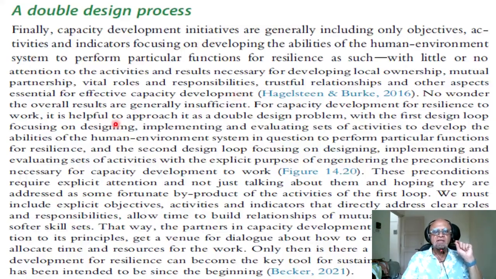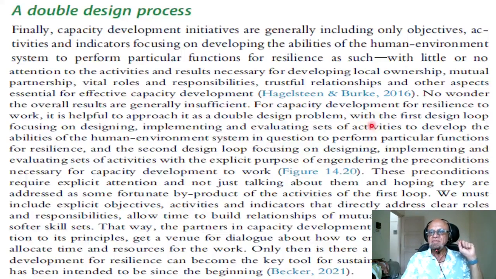So no wonder the overall results are generally insufficient if we don't do all these things of designing for what we said just now in terms of local ownership, mutual partnership, vital roles and responsibilities, and so on.